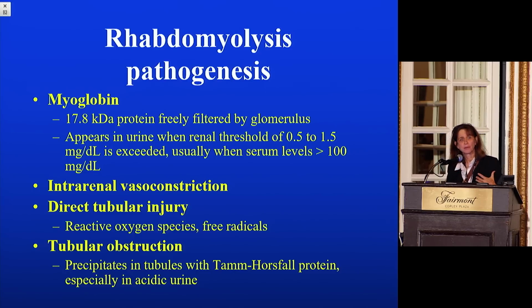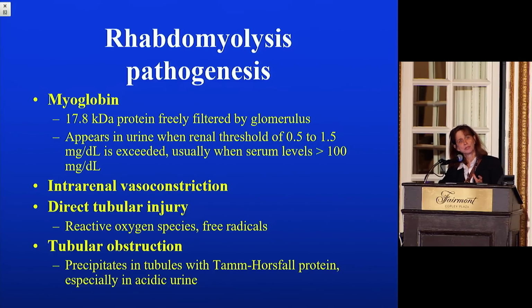Most of the time, by the time patients come into the hospital, the urine may be dark concentrated, but it's not going to be Coca-Cola colored with myoglobin. You can still measure it using a dipstick. You can measure heme, showing dipstick positive, but it's not visibly apparent until you have a level of 100 milligrams per deciliter.